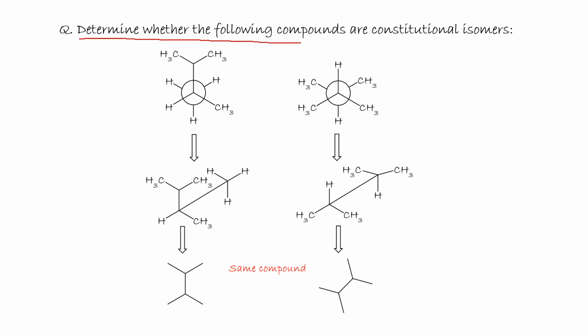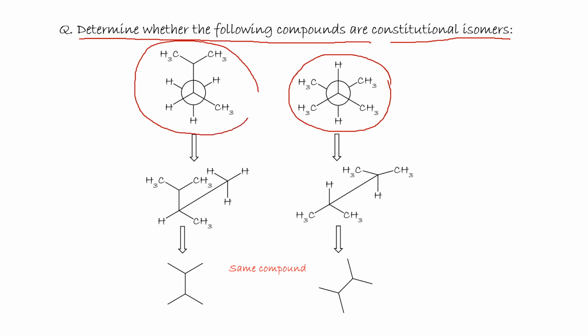Determine whether the following compounds are constitutional isomers. Given are two structures in Newman projection. We will transfer these to line structures and give each structure an IUPAC name and then compare.